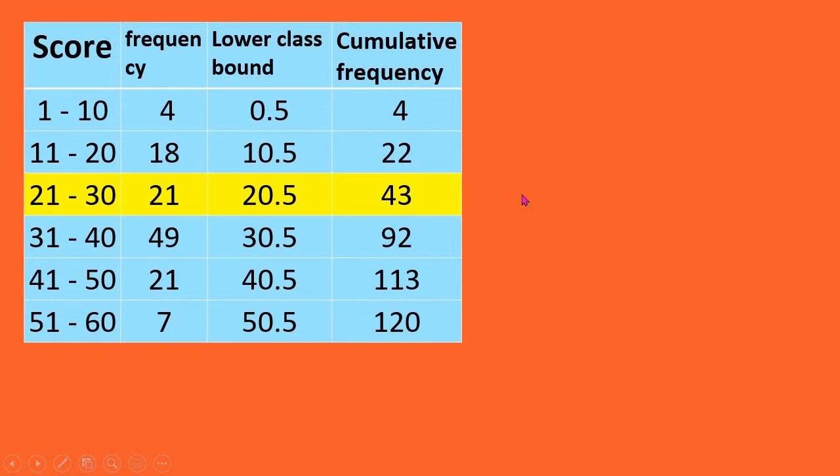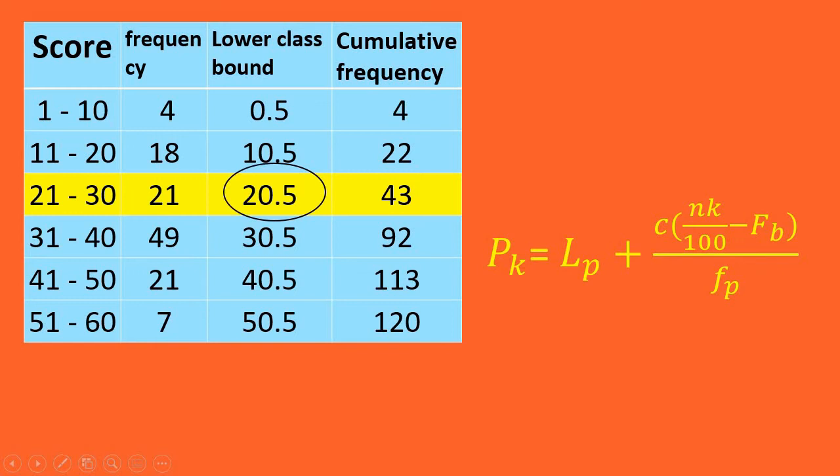Let us use our formula now in finding the 30th percentile. That is P sub k is equal to L sub P plus C multiplied by nk over 100 minus F sub B all over F sub P. Let us find the value of L sub P, or the lower class boundary of the 30th percentile class, and that is 20.5.